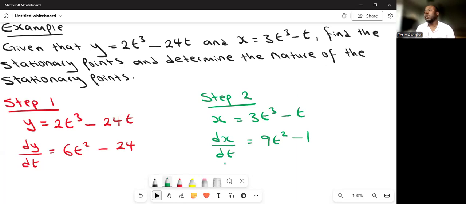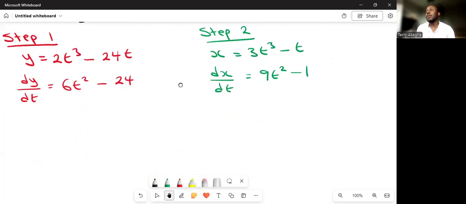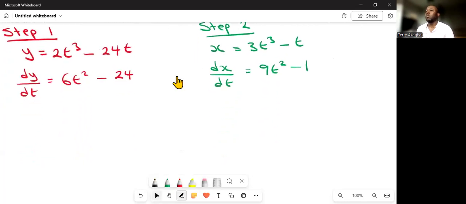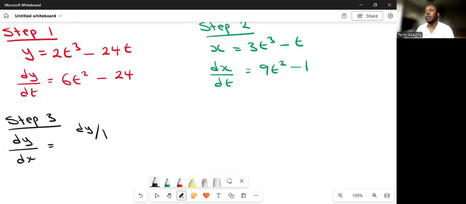Now, step 3, to find dy over dx is going to be dy over dt divided by dx over dt. So step 3, I told you to get dy over dx is going to be dy over dt divided by dx over dt.